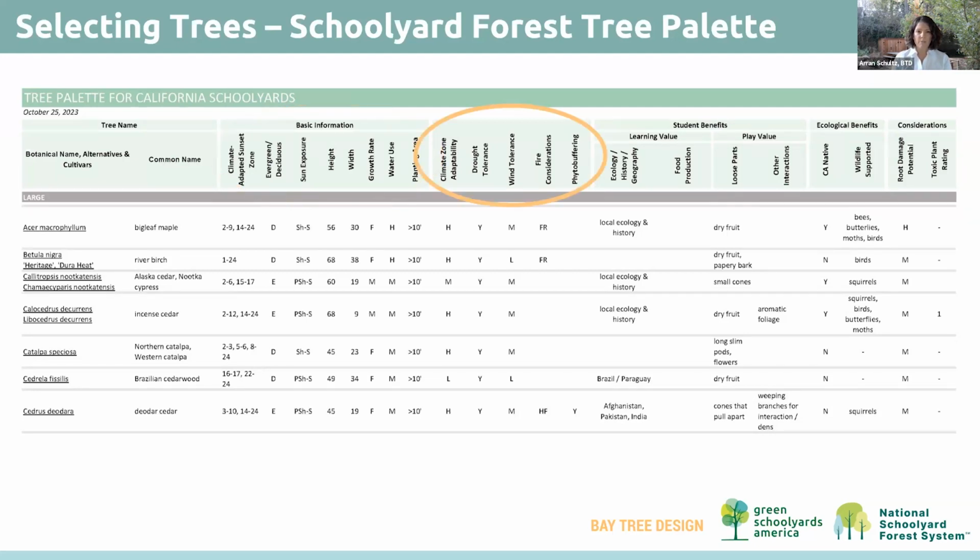And the more specialized characteristics are here. There is a section for student benefits and one for ecological benefits and further considerations. There's a lot of data here, but once you've thought about the goals you want to achieve with your schoolyard forest, you can use this expanded list.